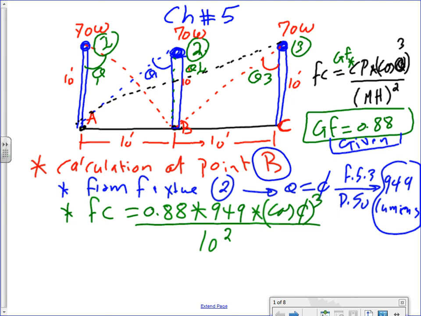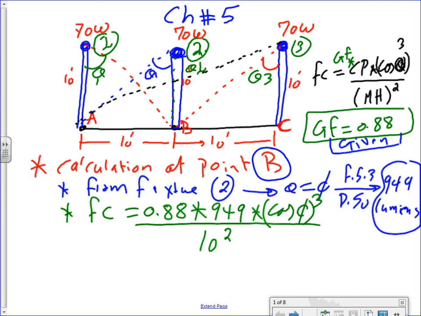What I did, I plugged these numbers into this formula, the formula that we used yesterday. GF is the guard factor, CP is the candela power in lumens, cosine of the angle between the point that I need to do the calculation for and the vertical, which is 0, and divided by the square of the height.